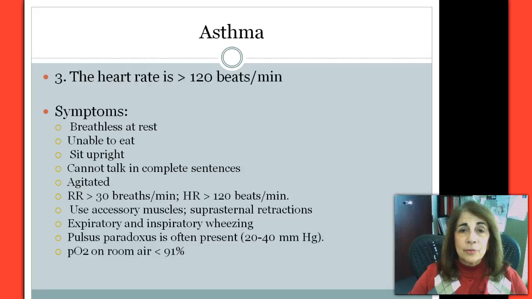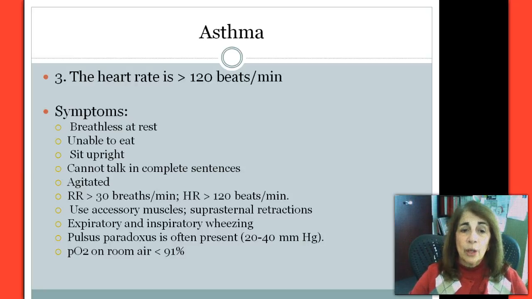Many of the symptoms you are familiar with, such as breathlessness at rest, patient is unable to eat. Again, remember, we're talking a patient in severe asthma attack, and it is an acute attack. So they're not going to feel like eating. They're going to be breathless at rest, and they can only speak in simple words or phrases and not in complete sentences.